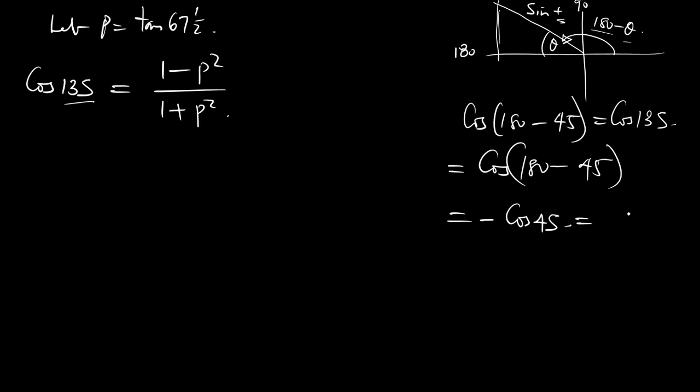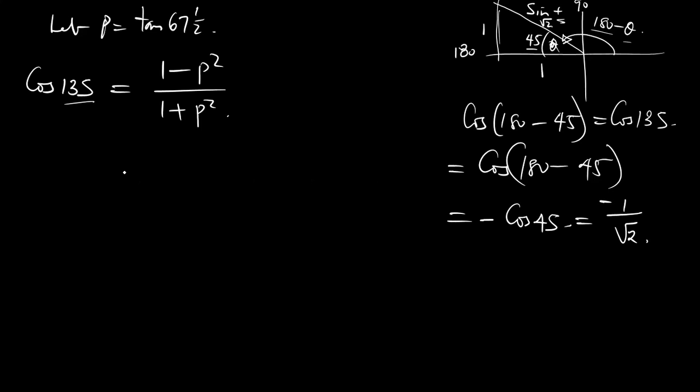And cos 45 is from here. So here is 45, this angle here. Now here should be 1, here 1, and here is the square root of 2. So cos 45 will be 1 as the adjacent to this angle over the hypotenuse, so 1 over square root of 2.